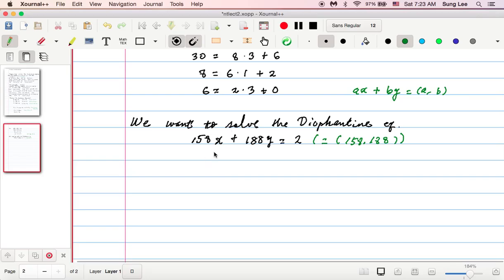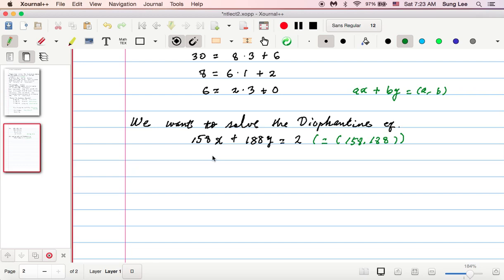I said we can actually find a solution. By the way, this equation has many, many solutions, but we can find a solution. Right now, we are focusing on finding one solution.